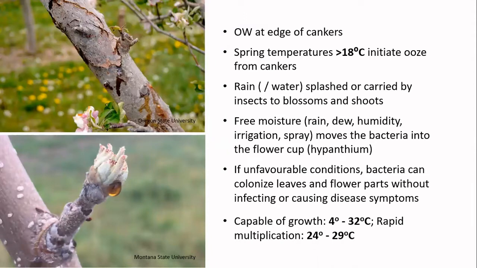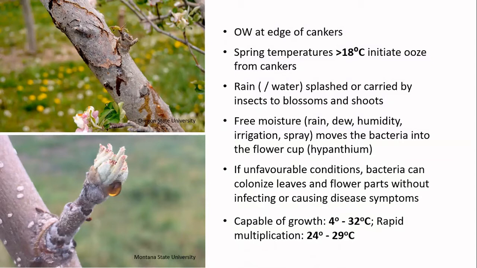So in terms of the biology of fire blight, it overwinters at the edge of the cankers. So the bacteria actually moves right to what's known as the transition zone, and that's that area between the healthy and the unhealthy tissue. And that's where the bacteria is found.